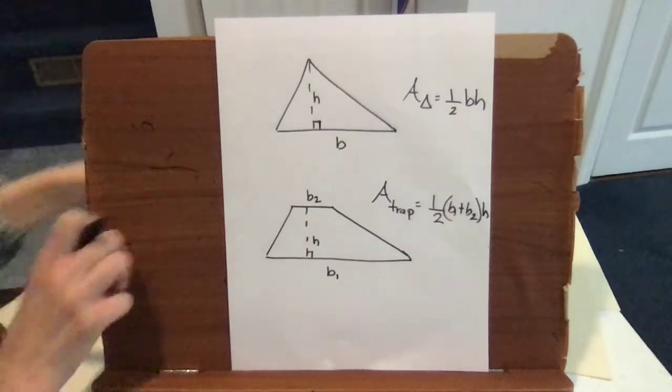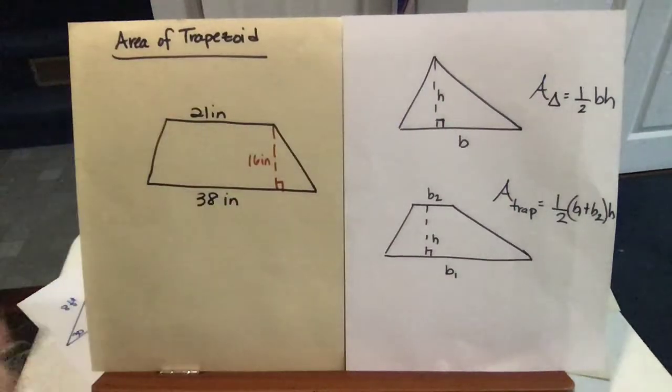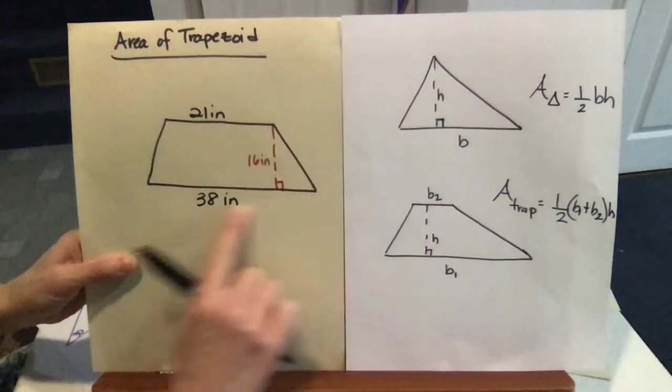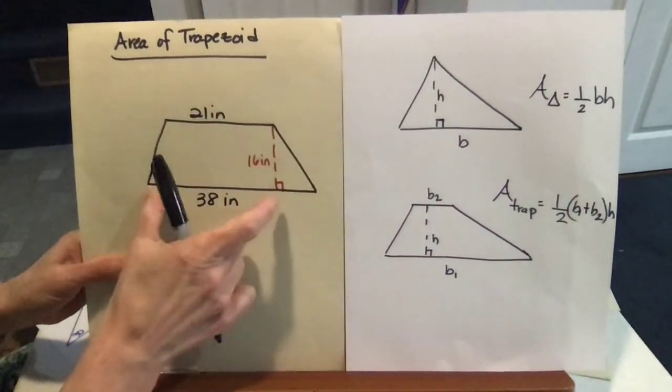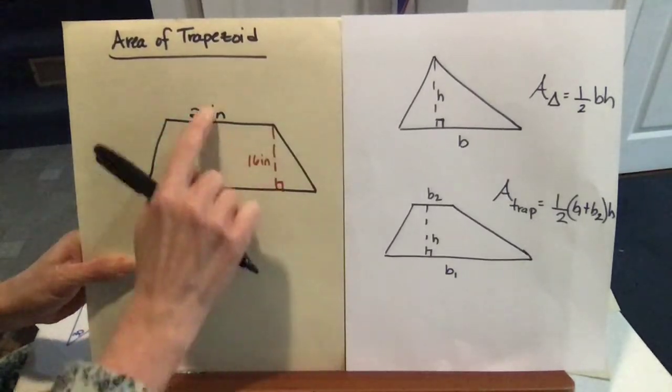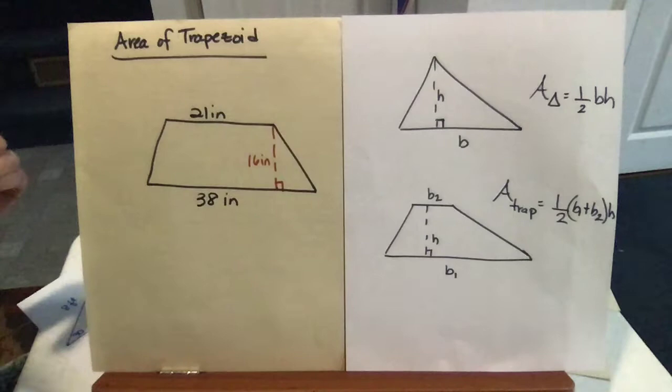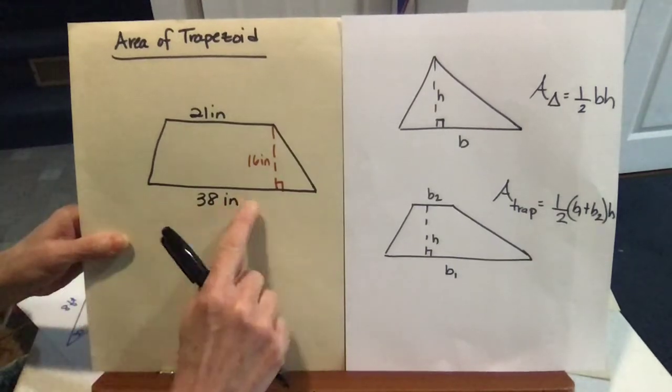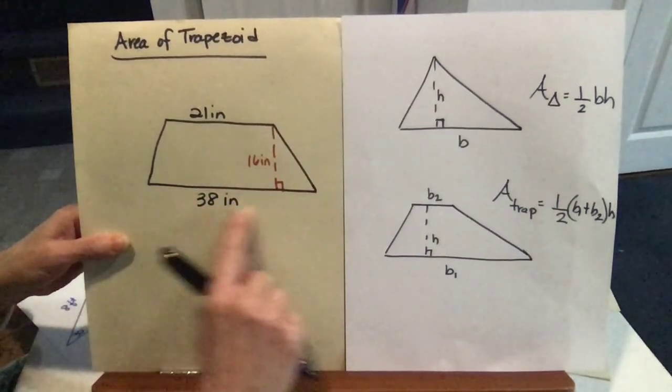All right, so keeping that in mind, we have a trapezoid that has a base of 38 all the way across. If it was only from here to here, it would be 21, or actually, it may not be. It depends if it's a right trapezoid or not, or you'll have lines indicating where that 38 goes.